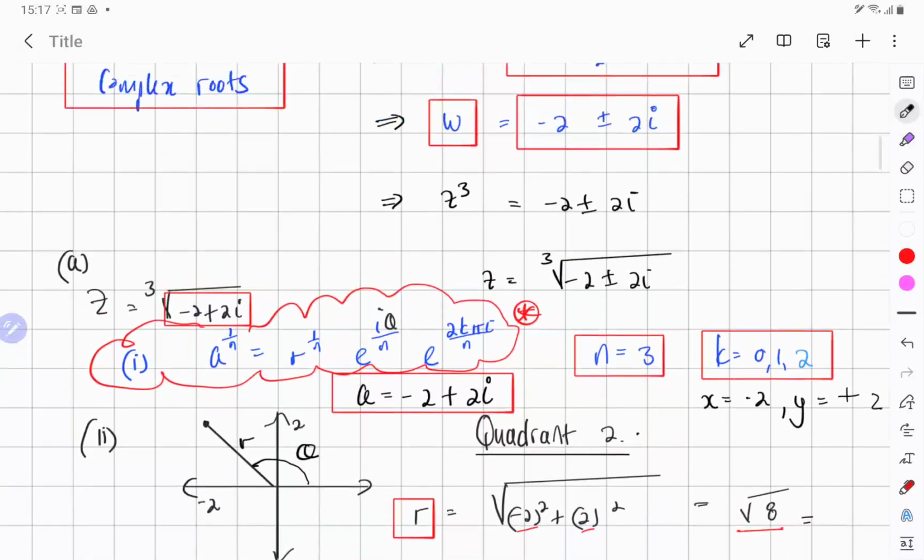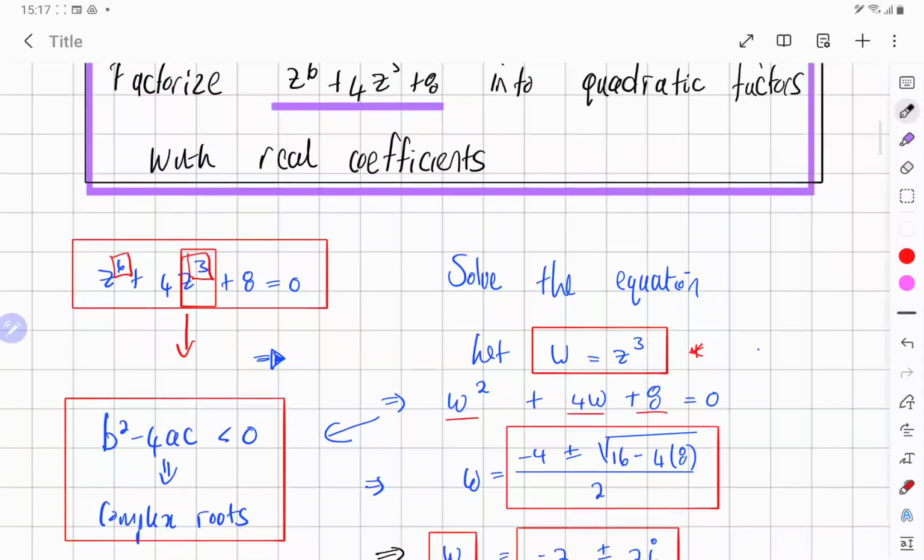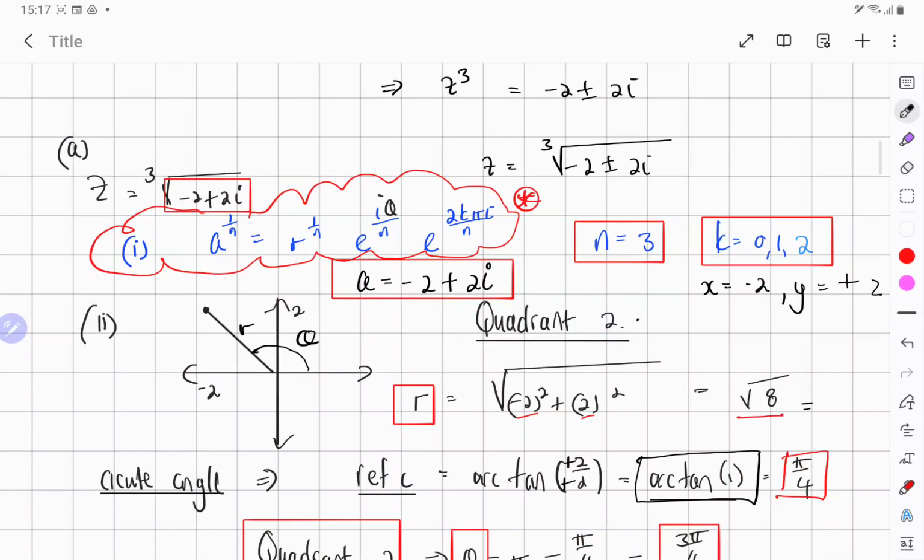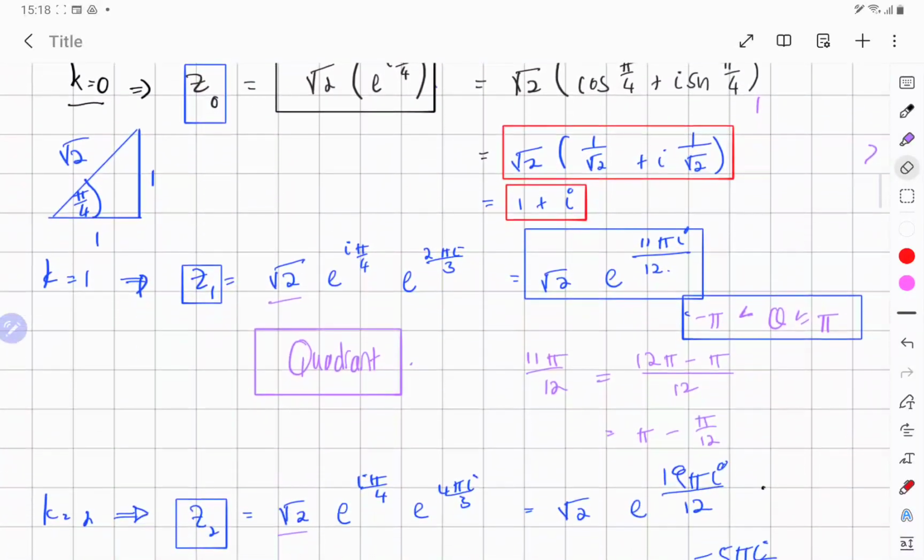But be careful, what are we doing here? We are finding the cube root of minus 2 plus 2i. In other words, we are doing this, plus or minus 2i, where the constant is not real. Hence, the roots will not be in conjugate pairs. I cannot assume right away that my other root will be 1 minus i.